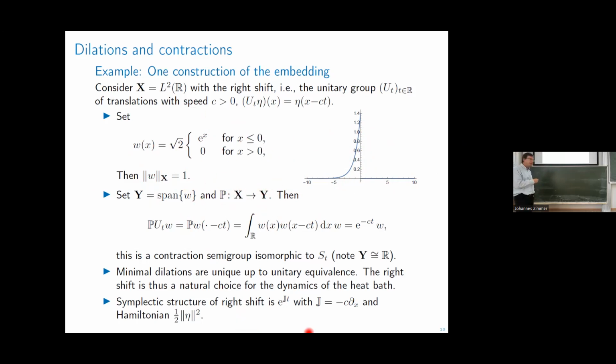And then I want to see what happens if I take w, apply the unitary group to it, which is the right shift, and then project. Well, the unitary group is shifting to the right, and then the projection is the inner product in L2 with w. If one does the calculation, one gets e to the minus ct w.